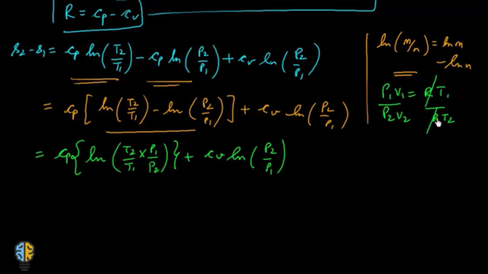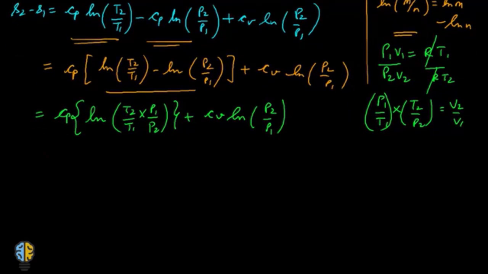You can strike off R, and I can say that P1 upon T1, into you can take T2 up and P2 down, this is equal to V2 upon V1. So this complete expression gets reduced to only V2 by V1.